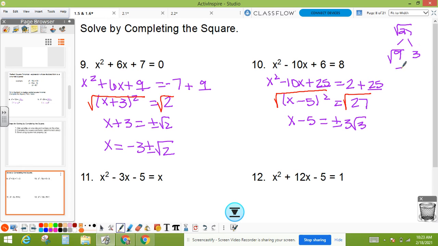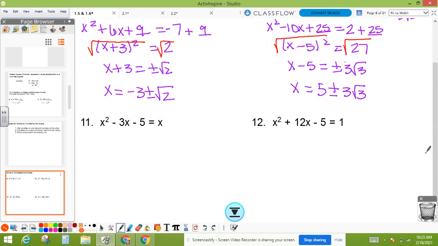And the square root of 9 is 3, and the square root of 3 is not perfect, so it stays. All right, so then we add 5. But again, we can't actually add 5 to this thing, so we just say 5 plus or minus 3 root 3. All right, I would say pause and see if you can get the next two. And then unpause and check and see how you did.